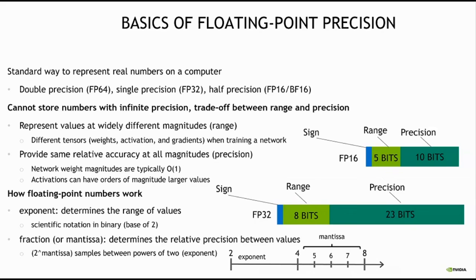So essentially, the greater the precision, the better it caters to the numbers between the integers, which are nothing but the decimal numbers, right? That means up to which decimal point can I represent that number in my data type? So in floating point 32, I have 8 bits of range and 23 bits of precision, right? And in FP16, I have 5 bits of range and 10 bits of precision.